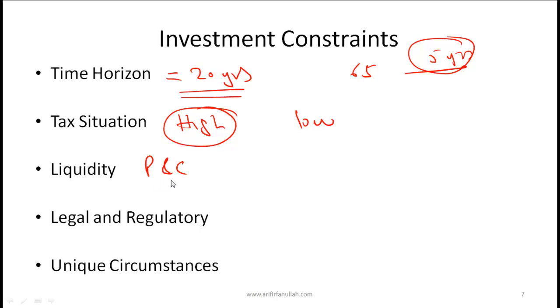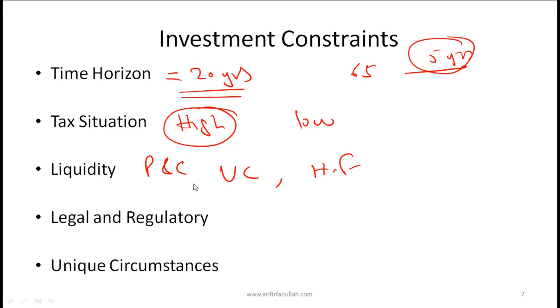So if your client is an insurance fund in this line of work, their liquidity requirement will be high, because anytime there is a valid insurance claim, they have to liquidate some of the investment, and clearly they would not want to have their investments in illiquid areas such as VCs or say hedge funds.